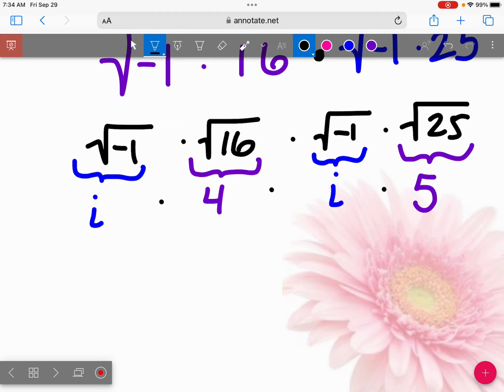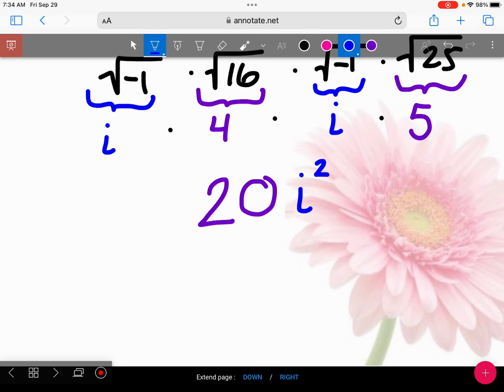So we have I times 4 times I times 5. Well, 4 times 5, that's 20. Then we're left with I squared. We just looked at I squared at the top. I squared, that's the square root of negative 1 squared. That's just negative 1. So we get negative 20 as our answer.